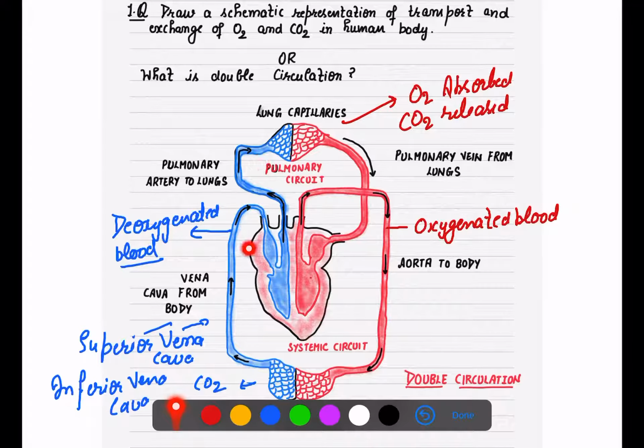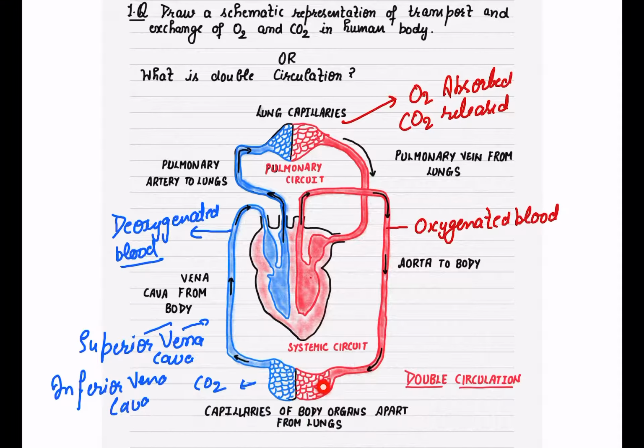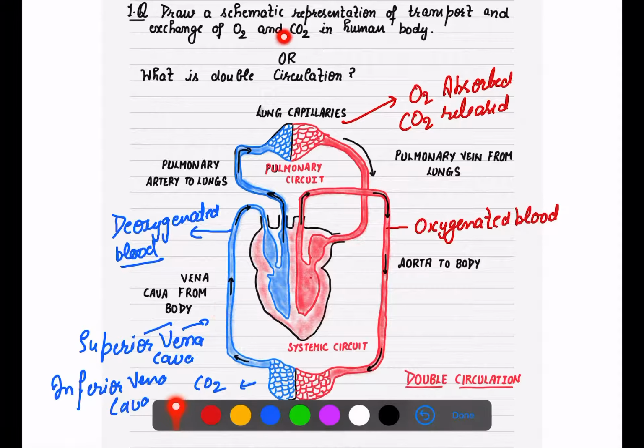So this diagram is the representation of how oxygen and carbon dioxide are exchanged in the body, as well as how they are transported. So this diagram you always have to draw when they ask you the schematic representation of transport and exchange of CO2. So these arrows are very important to draw.